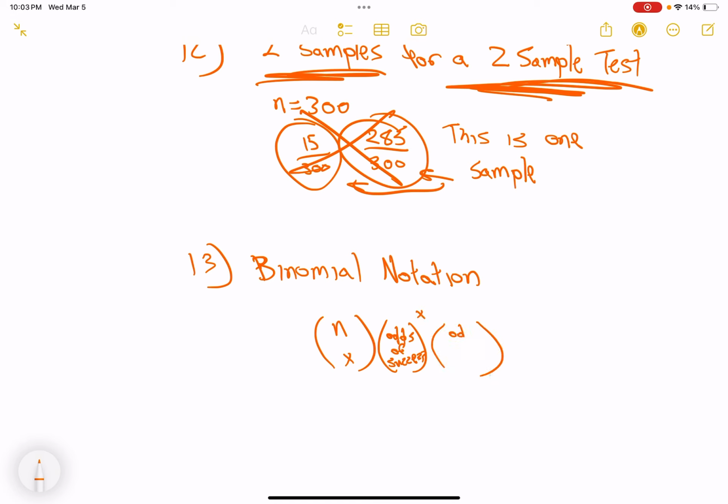Times odds of failure to the number of times you see those failures, which is n minus x, right?